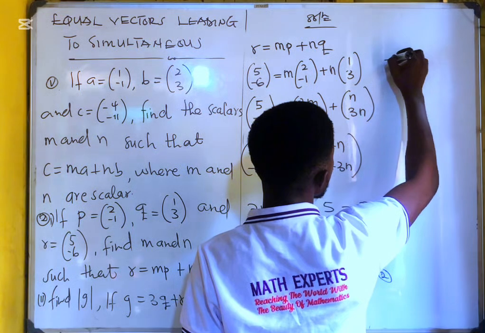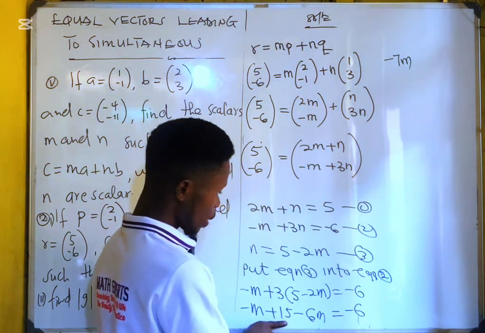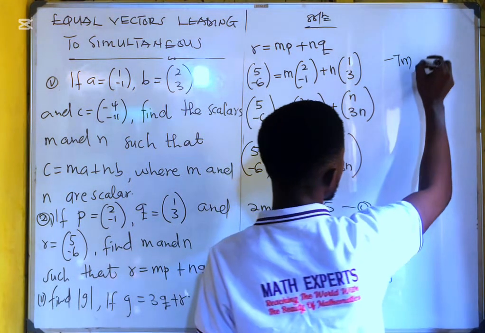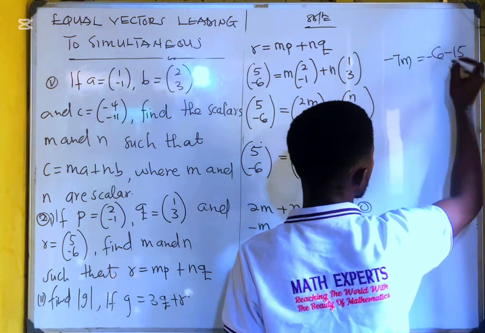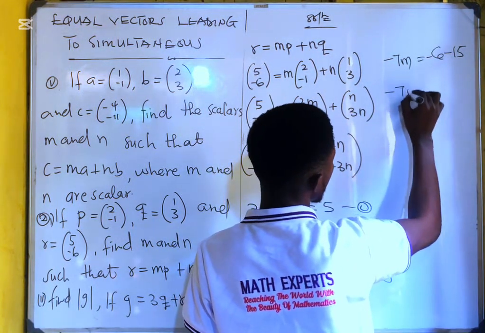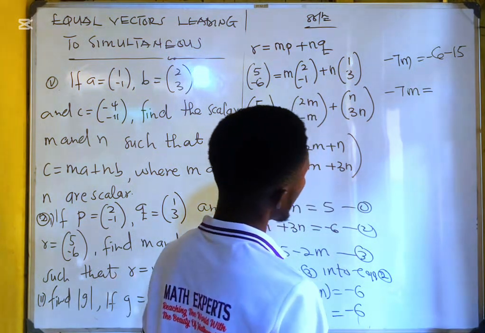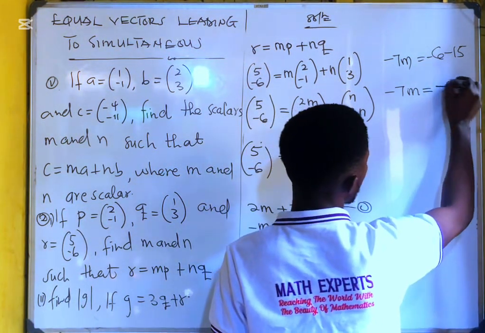So here will be -7m. Now let me take the additive inverse of 15, it becomes negative. We have -6 minus 15. So -7m equals -21.